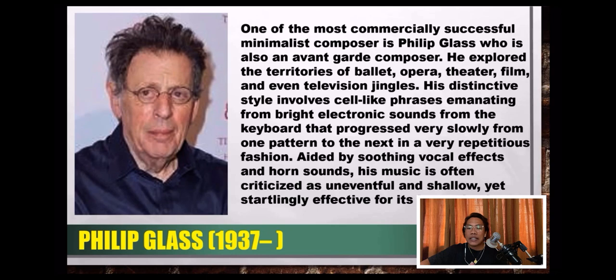His distinctive style involves cell-like phrases emanating from bright electronic sounds from the keyboard that progress very slowly from one pattern to the next in a very repetitious fashion. Aided by soothing vocal effects and horn sounds, his music is often criticized as uneventful and shallow, yet startlingly effective for its hypnotic charm.